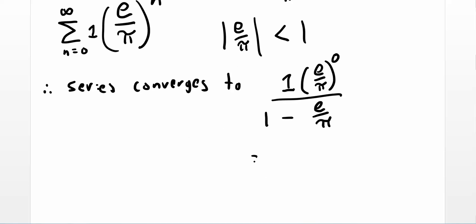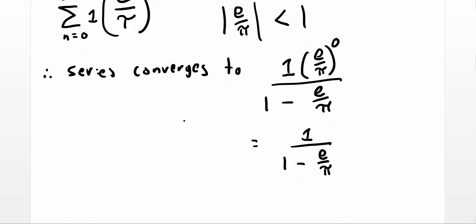This one we can clean up a bit. Anything to the 0 is just 1. So this is 1 over 1 minus e over pi. Let's look at a more complicated example.